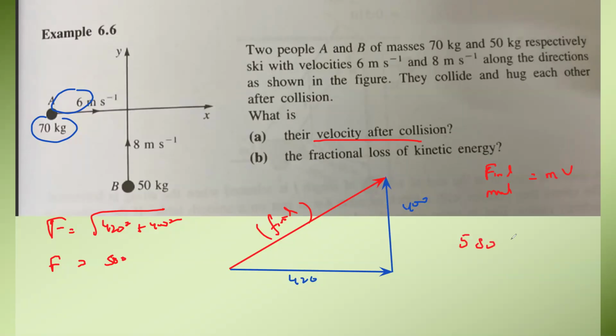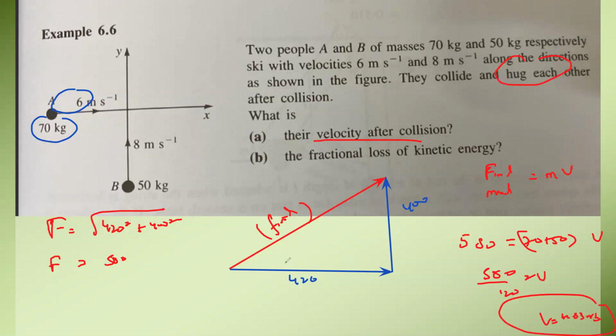And the total mass, because they hug each other, will be the sum: 70 plus 50, which is 120. So 580 divided by 120. What's the final velocity here? 4.83. So the final velocity will be 4.83 meters per second. Is it clear, this example?